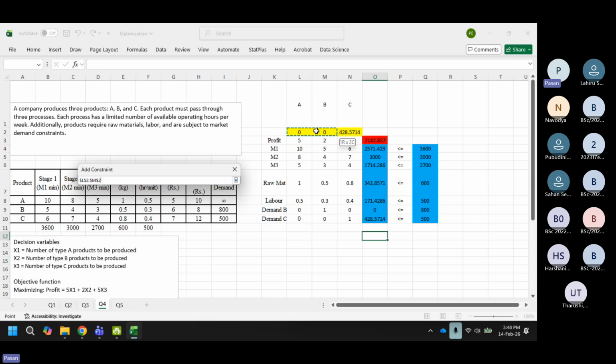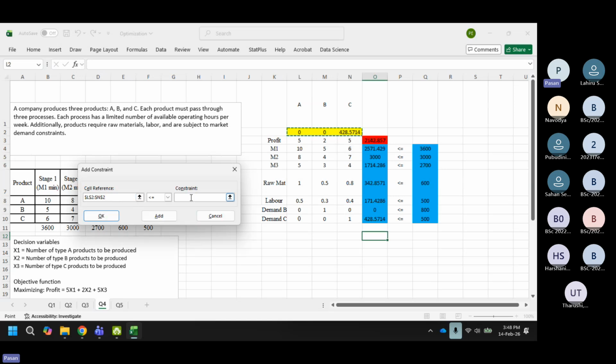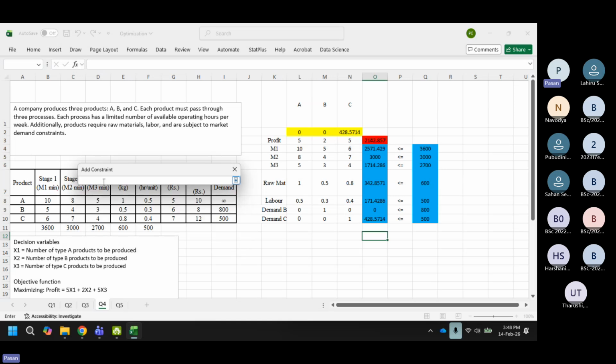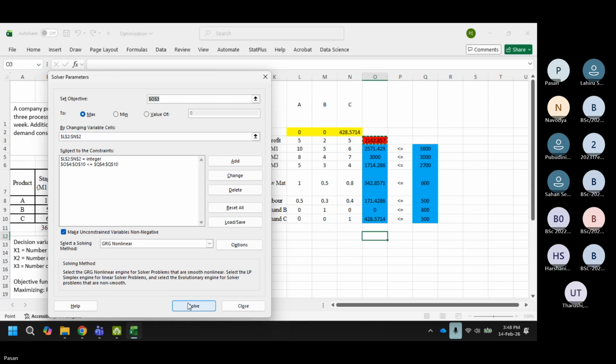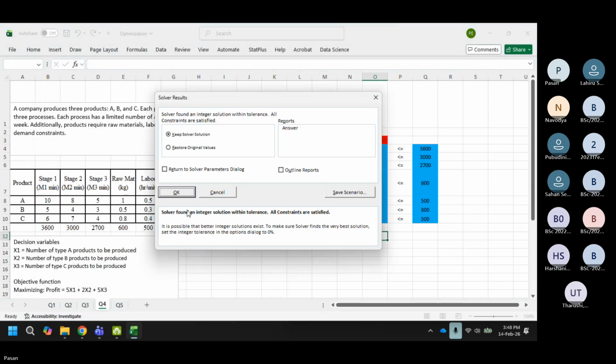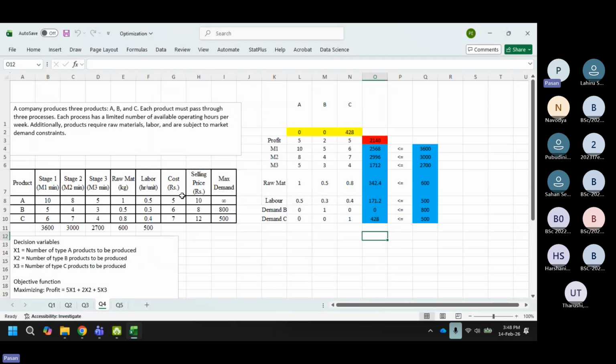So I can say these three integers. And then I have the solution like that.